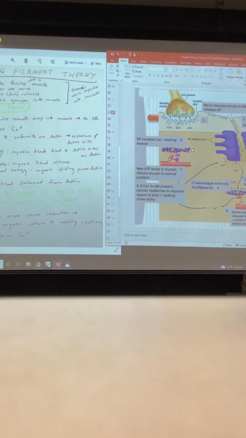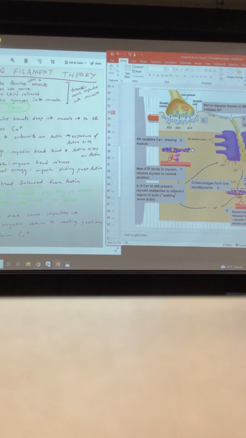Well, then what happens? That calcium released from the SR, the sarcoplasmic reticulum, travels deeper into the muscle, and the calcium binds to actin, a protein. More specifically, it binds to that subunit. Step number 4: calcium binds to the subunits on actin. More specifically, that calcium binds to troponin.